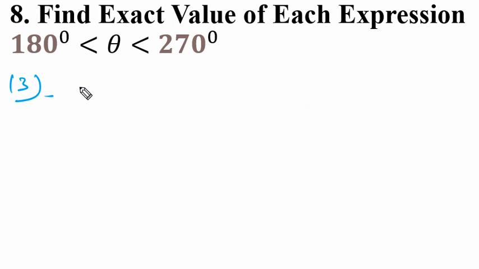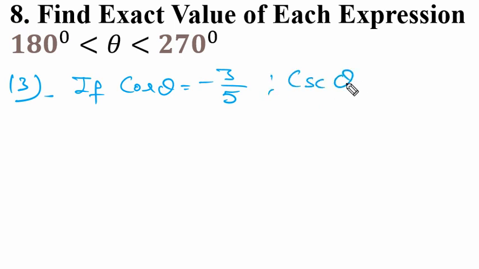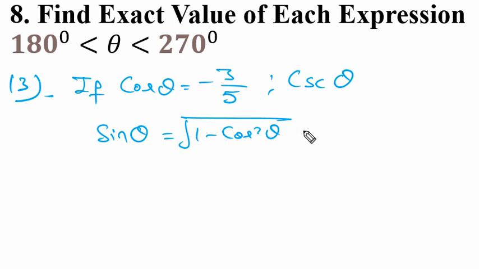Question number 13: if cos theta is equal to negative 3 over 5, find cosecant theta. Cos is given, so I will use this: sine theta is the square root of 1 minus cos square theta.